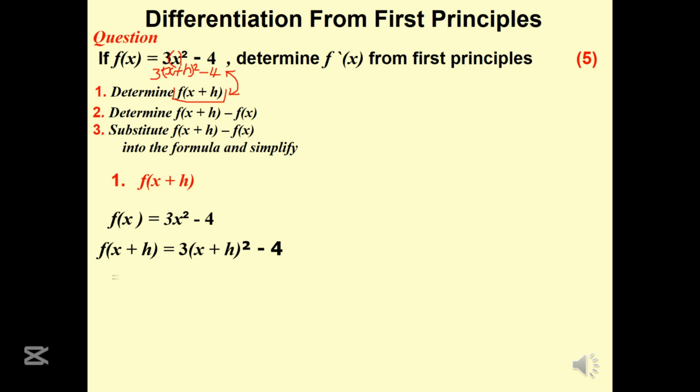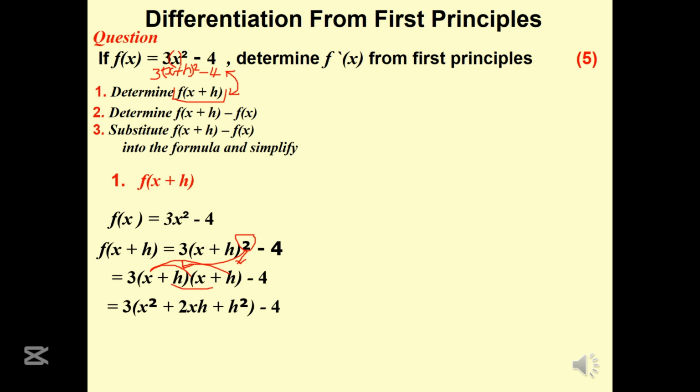(x plus h) squared needs the FOIL method to be simplified. This square here means the bracket is repeated. So you are going to repeat the bracket and then FOIL out the brackets and simplify. There we are. x times x gives us x squared. x times h gives us xh.